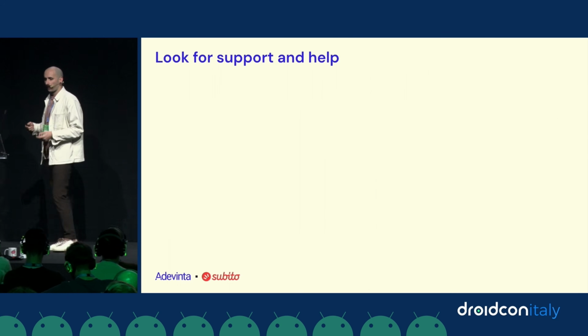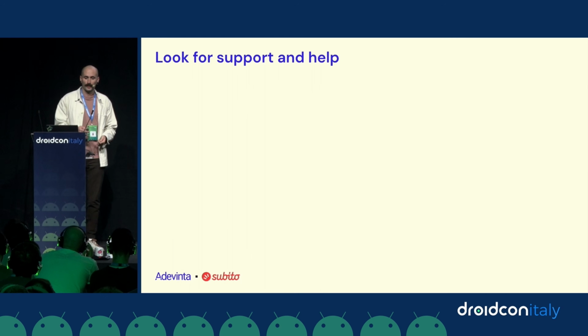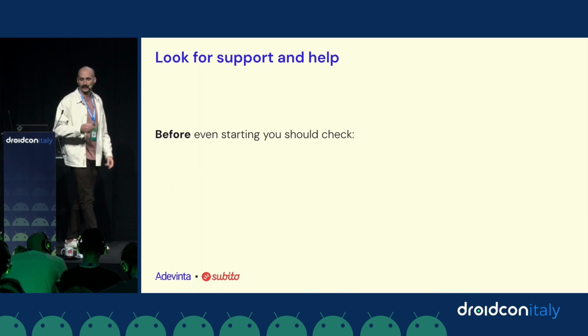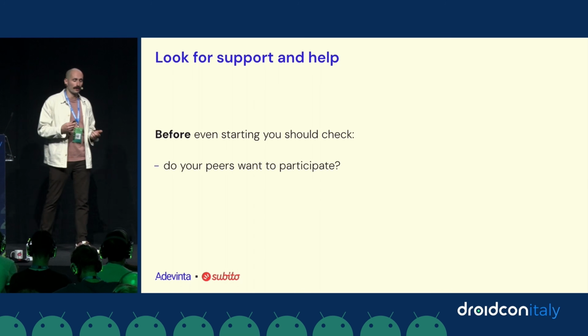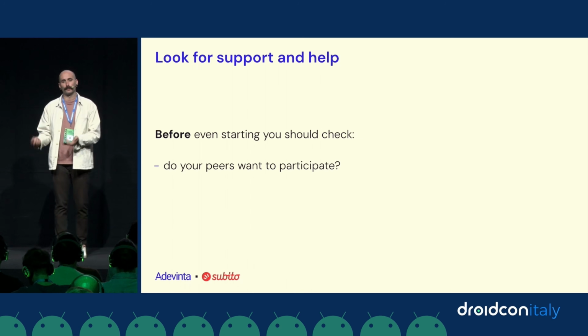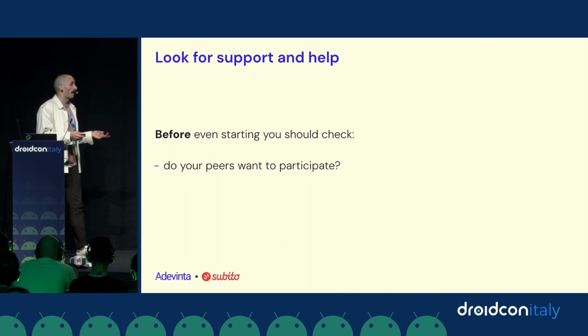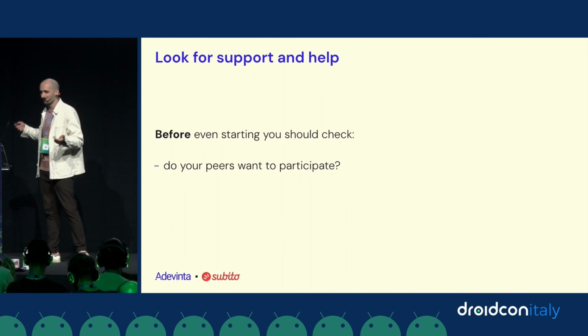let's go on. And for you, it's time to look for support and help. What do I mean by support? This is one of the things you should do before even starting. So, is anyone in your company, your peers, willing to participate in the event you want to organize? Well, I hope for you it's a yes, because otherwise nobody will show up.